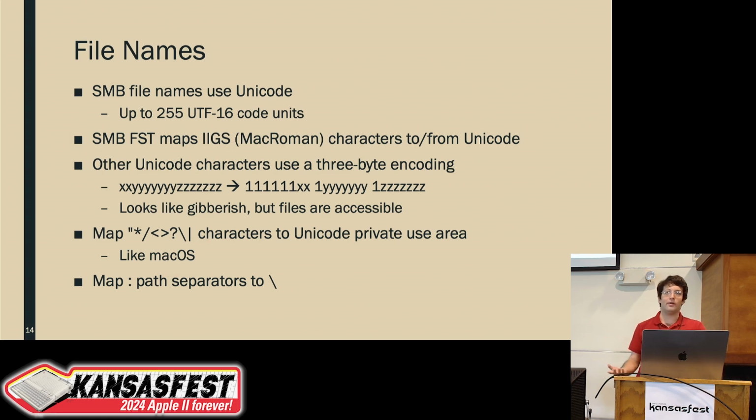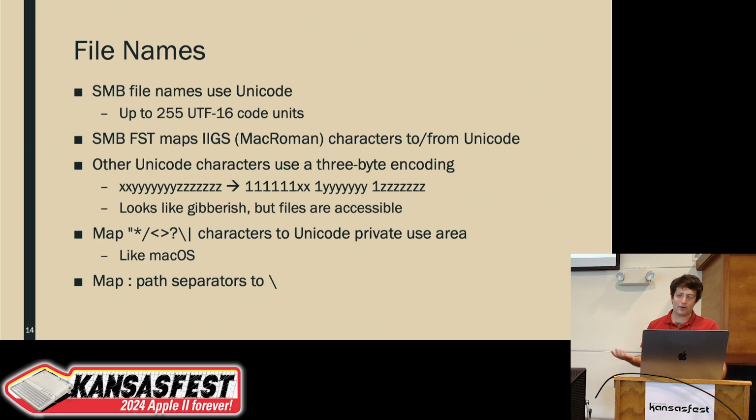It also uses a special encoding scheme for other Unicode characters. For example, if your file name is made up of Japanese characters, those just aren't going to show up correctly on the GS, but there is still an encoding scheme where it converts them into 3 bytes that will look like gibberish, but you will still be able to see that file and access it from the GS.